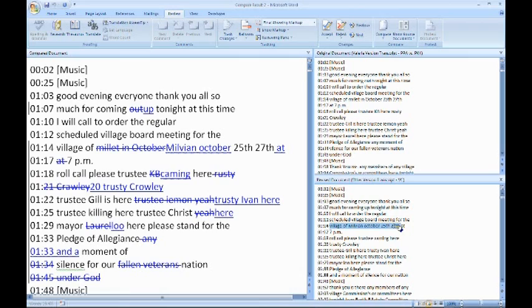So the Village of Millet, and then you've got the Village of Midlothian at. So you start getting an idea of what the automatic and automated YouTube transcription service can and cannot pick up. Now, if you start noticing what happens here with some of the trustees' names, it starts getting really bad, actually.